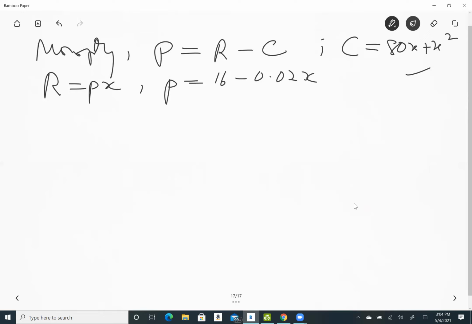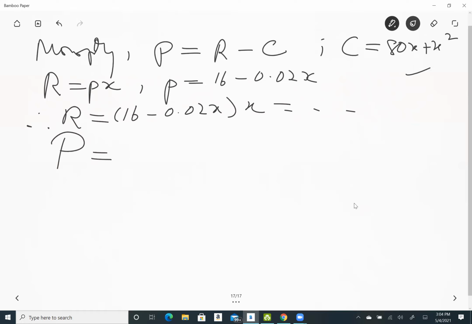So when the price is a variable, we are looking at the monopoly market. So how do you get the revenue? Therefore, your revenue will be equal to 16 minus 0.02x times x. You got that? And of course, you find the revenue, and then you can get the profit.